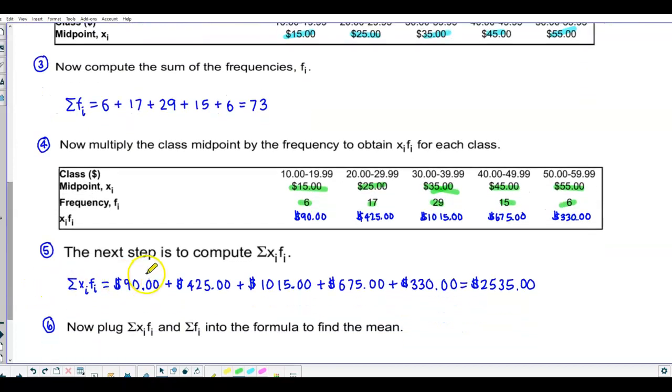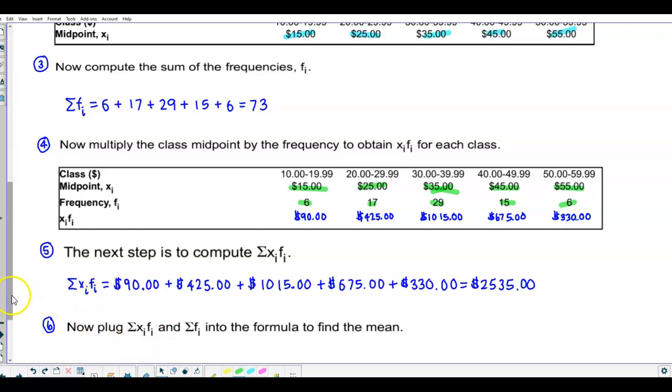Now in step 5, we're going to compute the sum of all of these. So we take 90 plus 425 plus 1015 plus 675 plus 330, which gives us a total of 2,535.